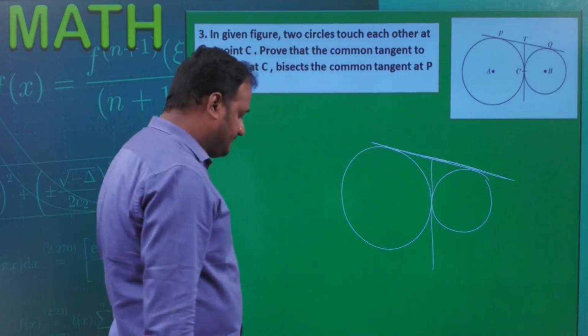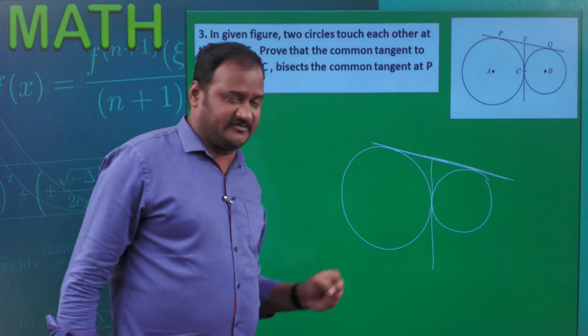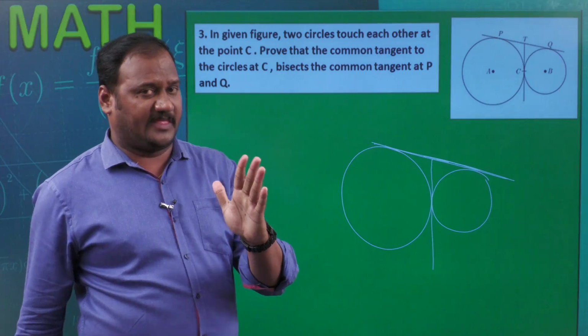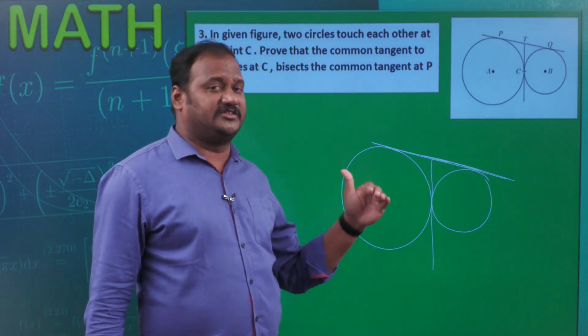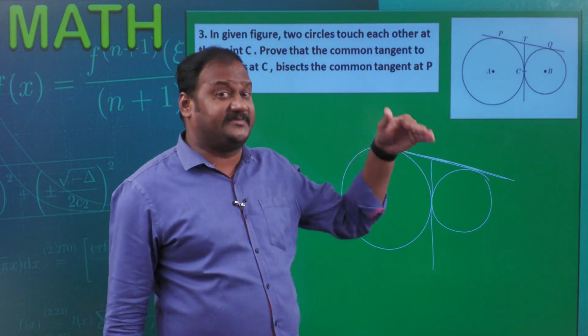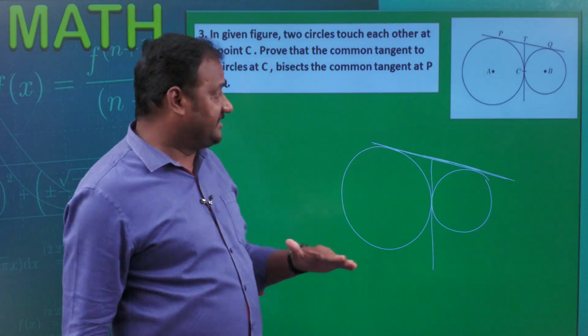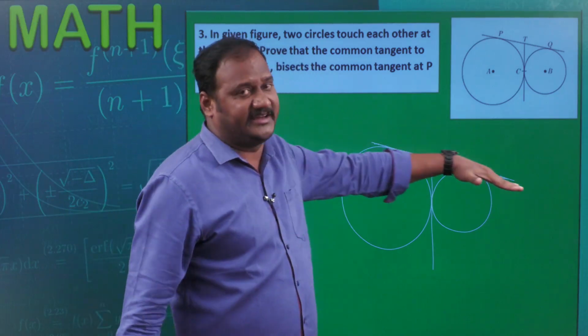See, there are two very important words that I am going to tell you about this kind of tangents. Suppose there is a tangent which is common for both the two circles, and both the two circles are lying on the same side of the tangent, then that tangent is said to be a direct common tangent.